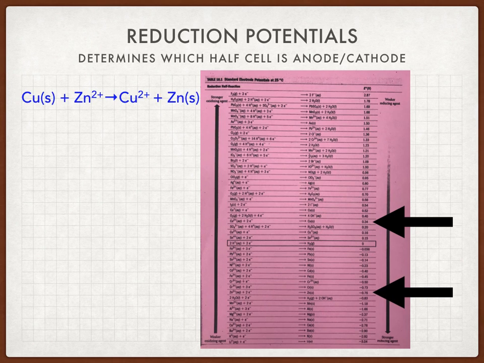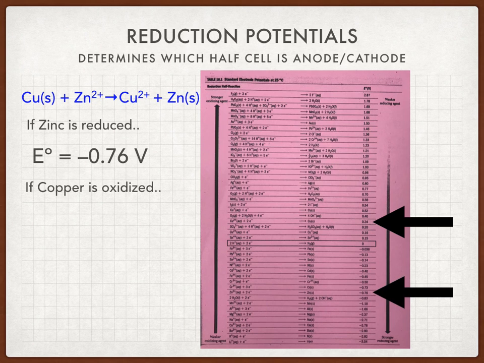Let's try with this equation in blue, which shows solid zinc forming or getting reduced, and copper 2+ ions forming or copper getting oxidized. For zinc getting reduced, the cell potential is negative 0.76 volts. And if the copper is oxidized, the cell potential is negative 0.34 volts.